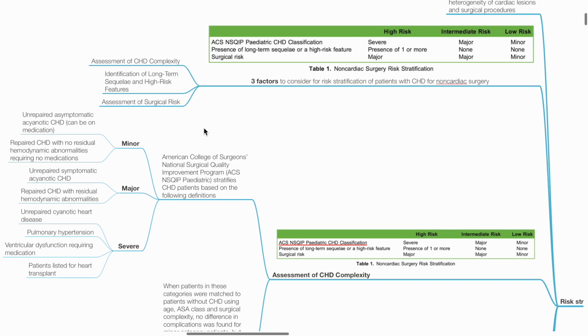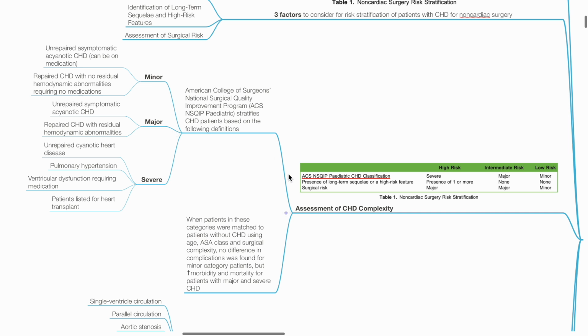Assessment of CHD complexity is via the ACS NSQIP pediatric CHD classification. Patients may be classified as minor, major, or severe. Examples of minor defects include unrepaired asymptomatic acyanotic CHD and repaired CHD with no residual hemodynamic abnormalities requiring no medications.